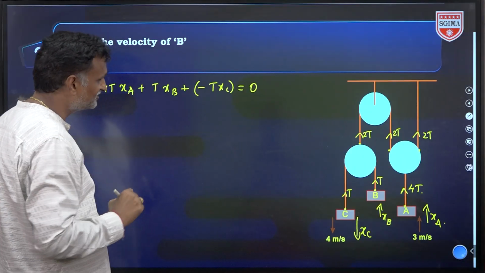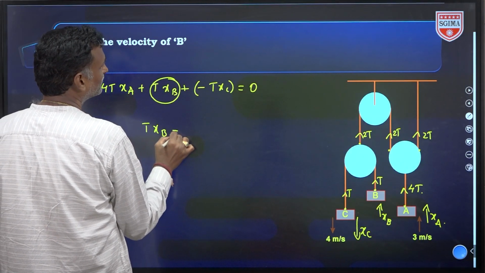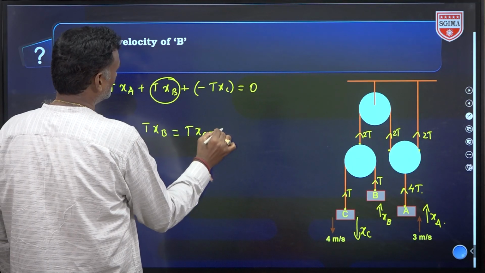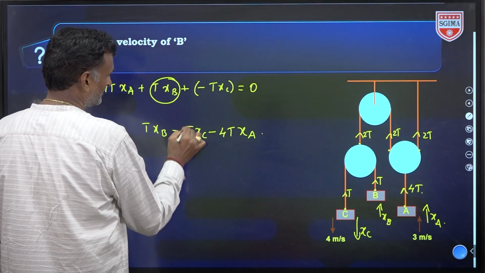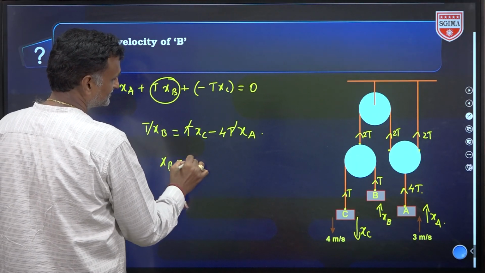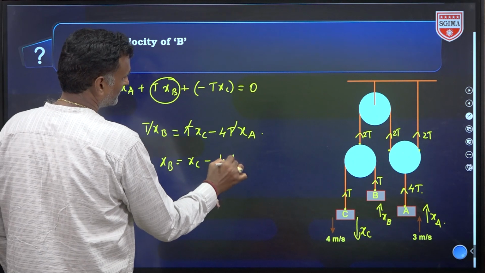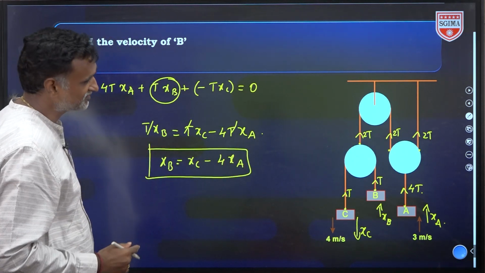We want xb, so T xb equals T xc minus 4T into xa. So T cancels, xb equals xc minus 4xa. This is the constraint relation in displacement.